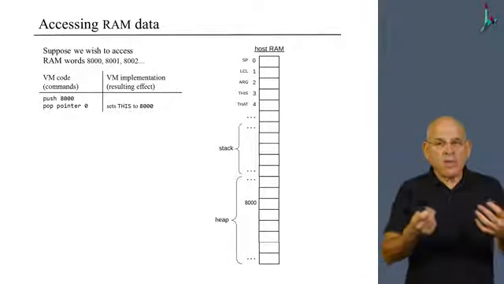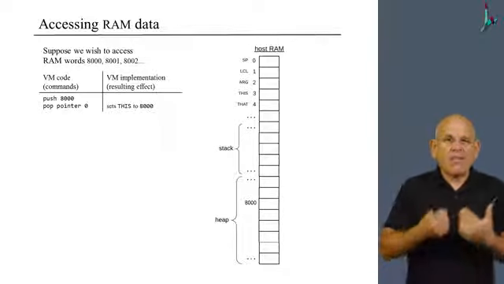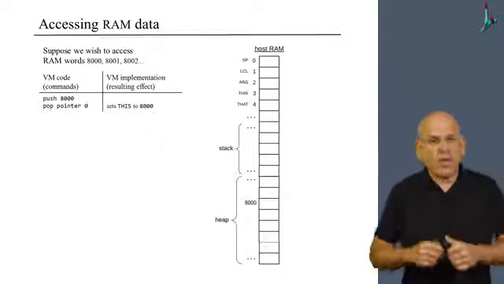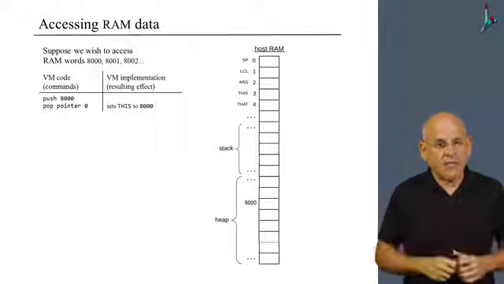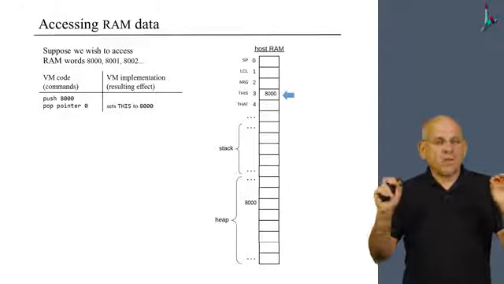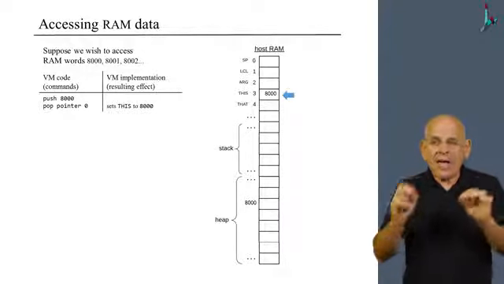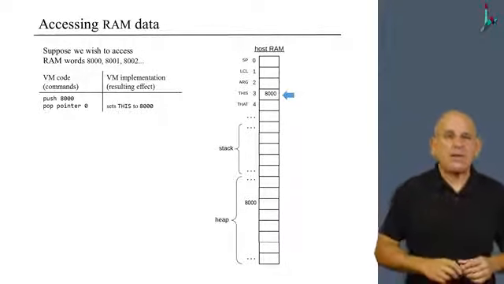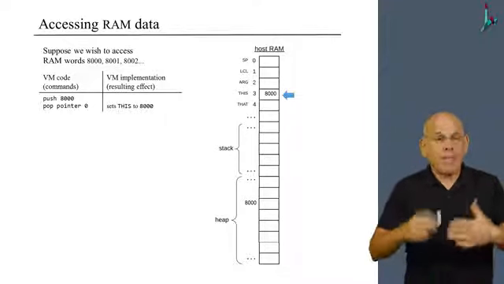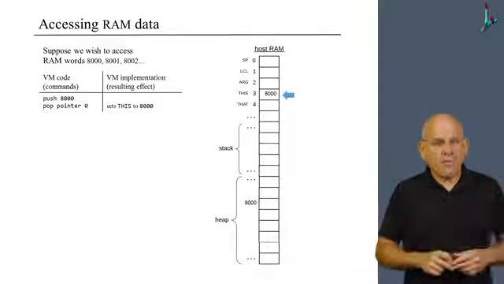In response to these two commands, the VM implementation will set this pointer to 8000. So we'll get this effect. Now, by the way, you shouldn't be surprised by what you heard right now, because if you did projects 7 and 8, you actually implemented these particular realizations of the VM commands.